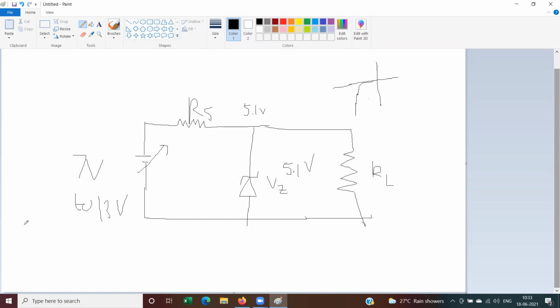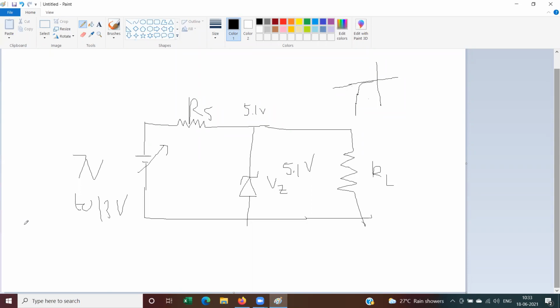I do not want the voltage across this load RL to change. It could be some sensitive equipment. If the voltage changes, that equipment may get damaged. One of the easiest and cheapest ways of obtaining this is using a Zener diode.